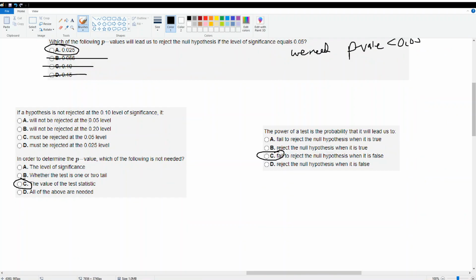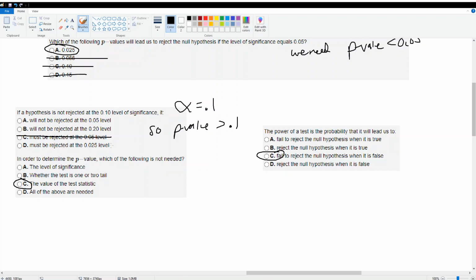Our other one, so we have this hypothesis. We don't reject it at 10% significance. So we have alpha is equal to 0.1. We didn't reject it, so our p-value was greater than 0.1. If it's greater than 0.1, then that means we're not going to reject it at 0.05, so this is out.